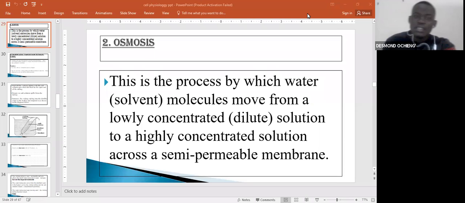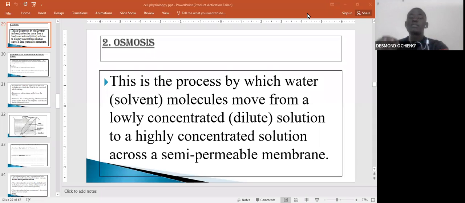We're saying that this is the process by which water or solvent molecules move from a lowly concentrated or dilute solution. Now, a dilute solution is that solution which has more of the solvent molecules or more of the water molecules. So back in your mind, you need to know that when talking about a dilute solution or a lowly concentrated solution, that is a solution which has a high concentration of water.